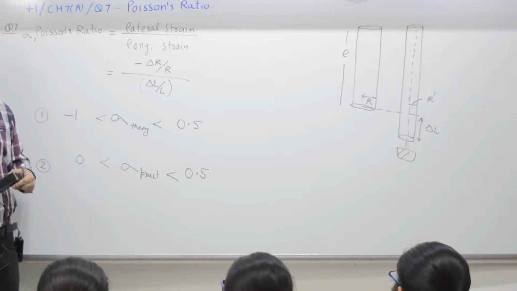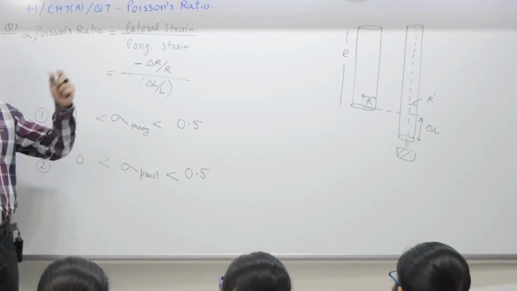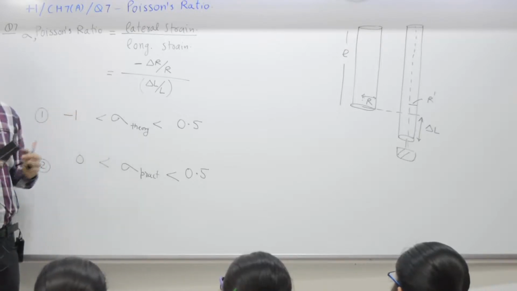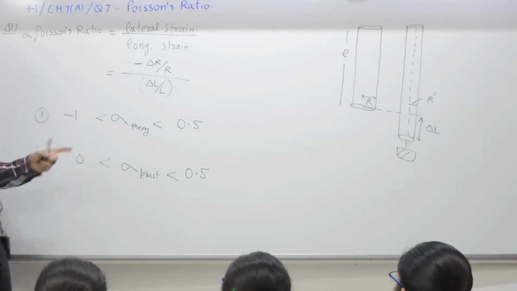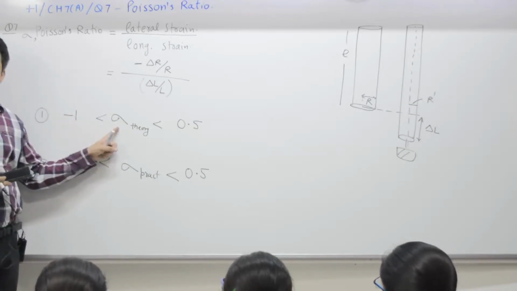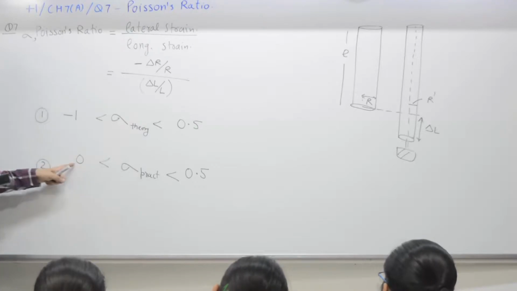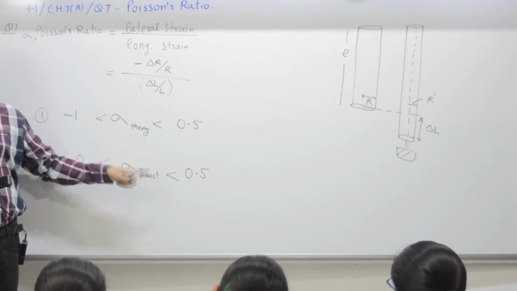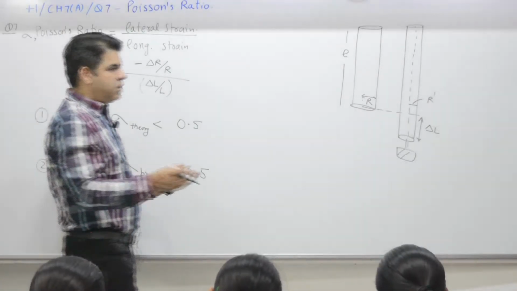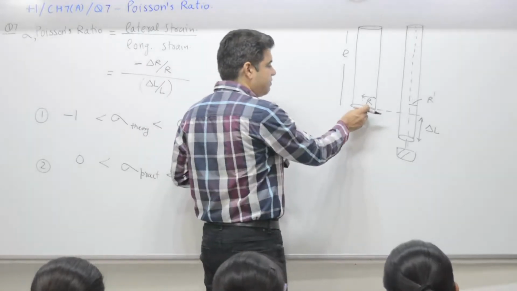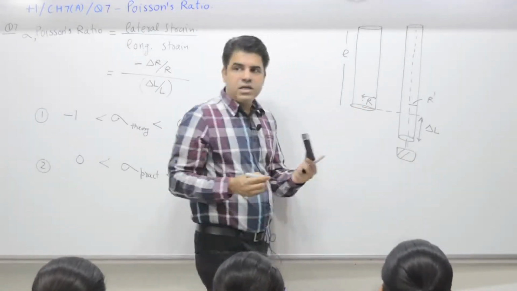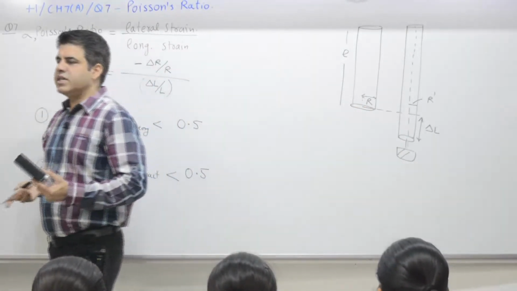That means material under stress will have more volume than its present volume. That is why in theory both negative and positive are possible. Practical, as in today, this value is only positive. Means for all materials as on today, if you apply weight, the length increases and the radius decreases.